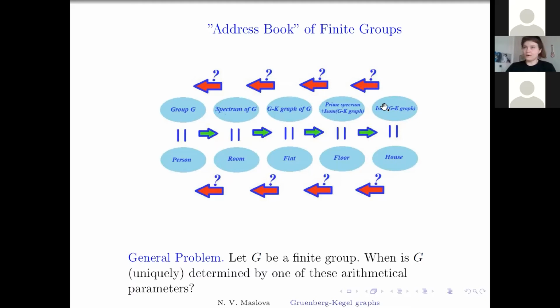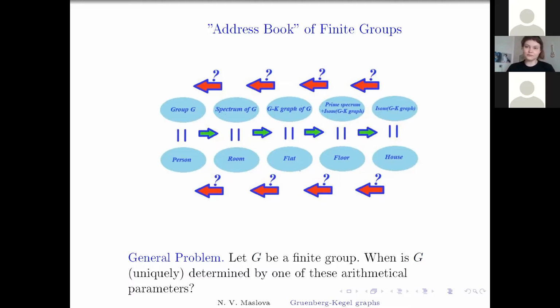So our dream is to understand by address who this person is. If you have a person with a passport, and in the passport there are the number of house, the number of floor, the number of flat, and the number of room, and assume that you just know the address, are you able to recognize this person?